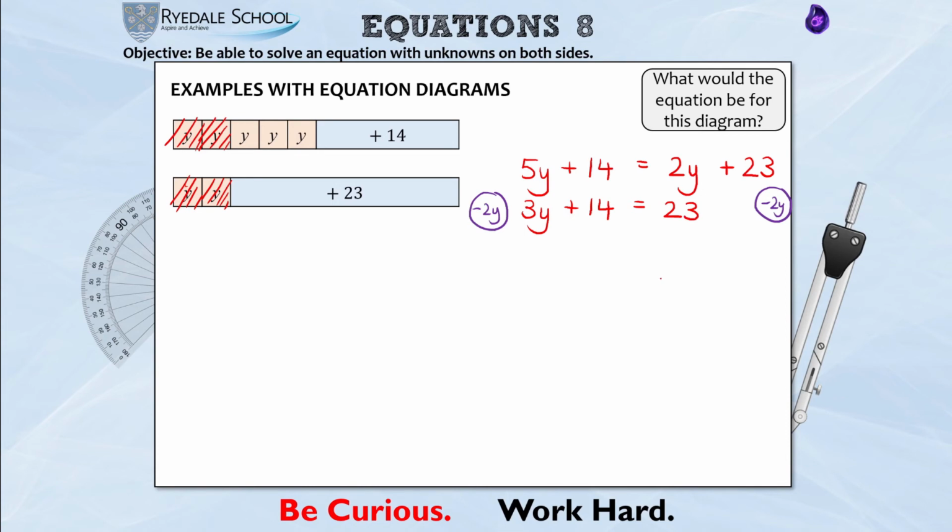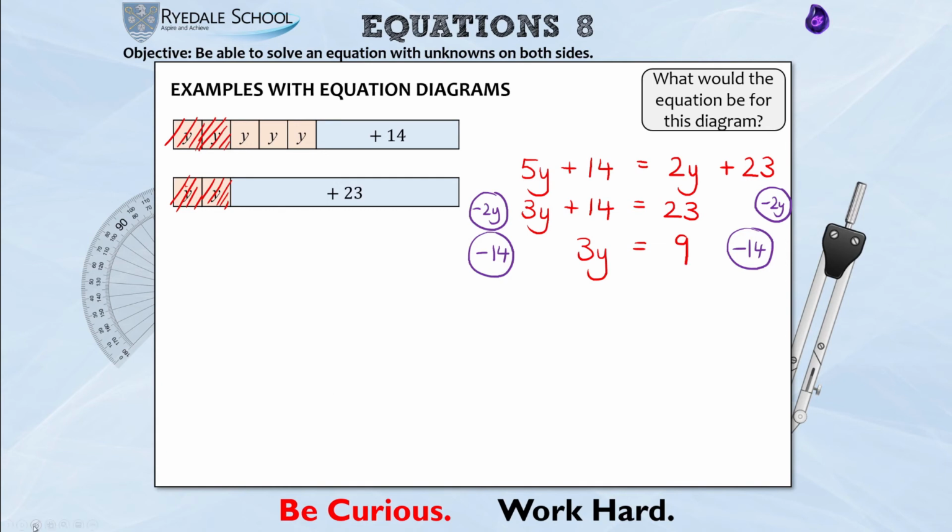And again, this is an equation we've been practicing. So I need to use the inverse of add 14, which is take away 14. When I subtract 14, I am left with 3y. And when I subtract 14 from 23, I have 9.